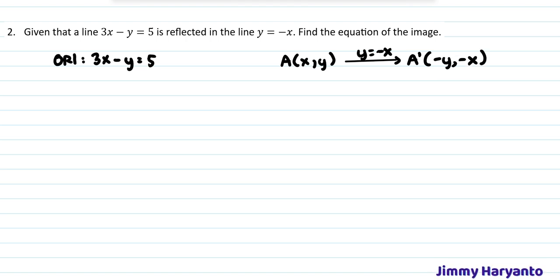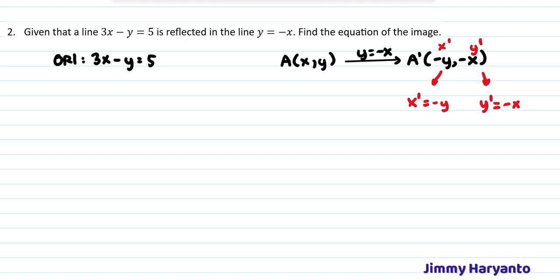This is the formula. That means this one is x prime and that one is y prime. From this one I will write x prime equals to negative y, and from this one I will write y prime equals to negative x.